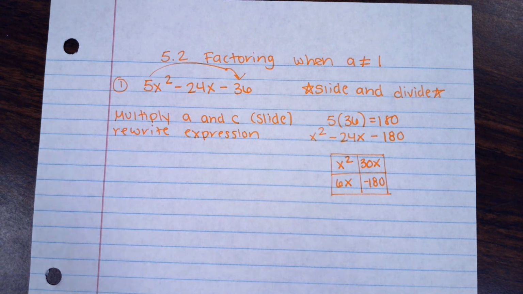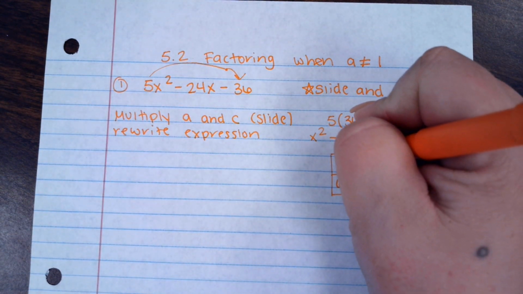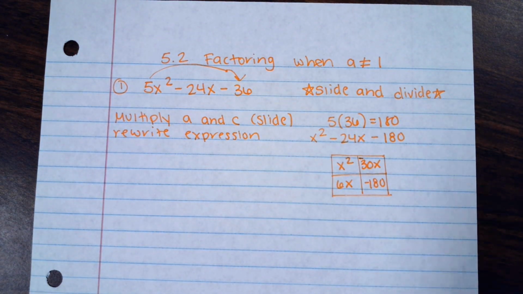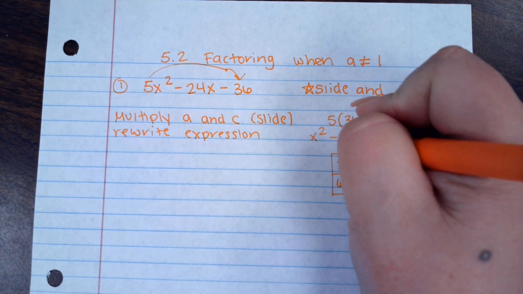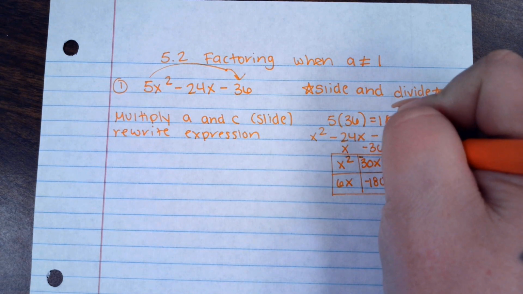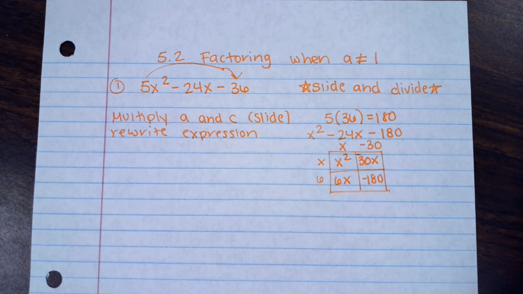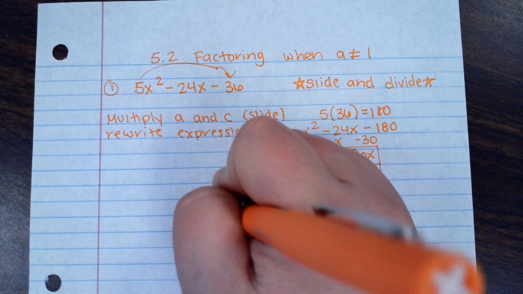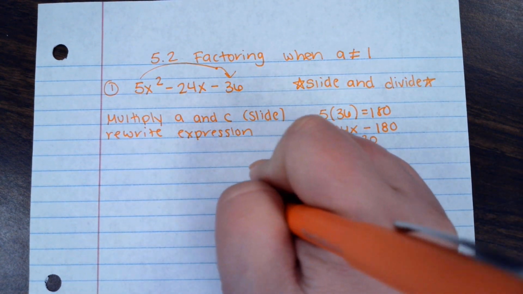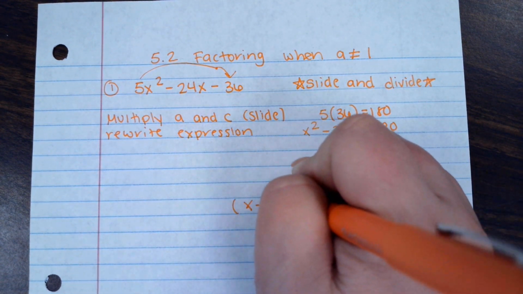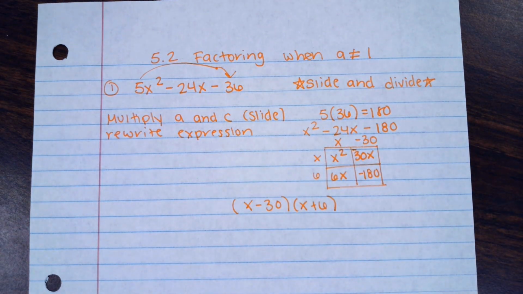Our 30 needs to be negative, right? So we get x and negative 30, x and positive 6. So when we factor that, we will get x minus 30, x plus 6.